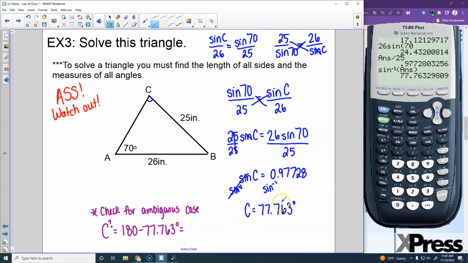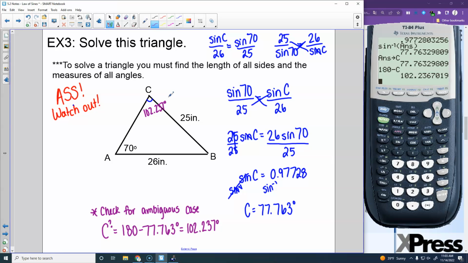And if I do, I'm going to store this as C. And then I'm going to do 180 minus C. I get 102.237 degrees. Is it okay? Could it be 102.237? It could, right? Because 70 plus 102.237 would still be lower than 180.